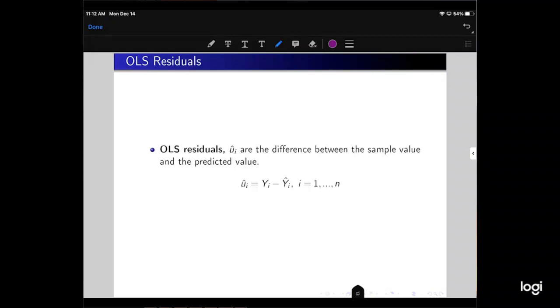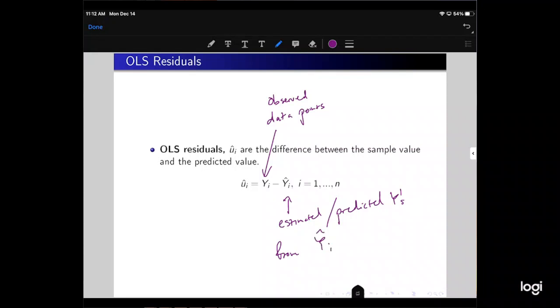So again, we have the yi, which are the observed data points, and the yi hats, which are the estimated or predicted y's, from yi hat equals beta 0 hat plus beta 1 hat times xi.